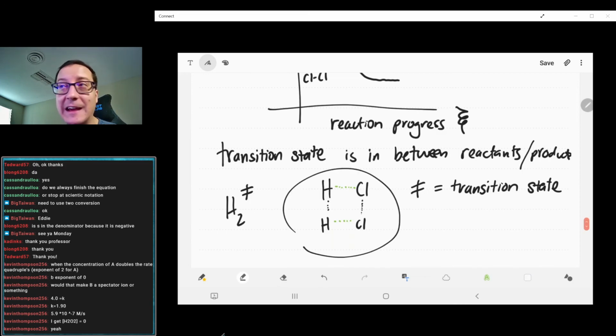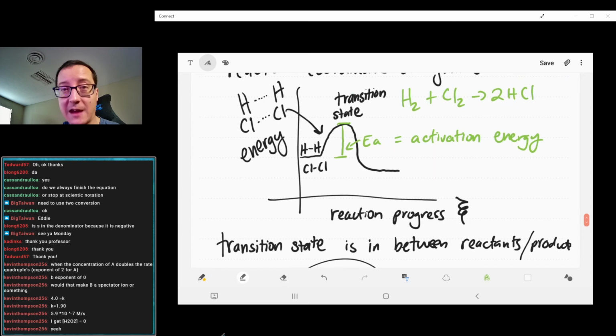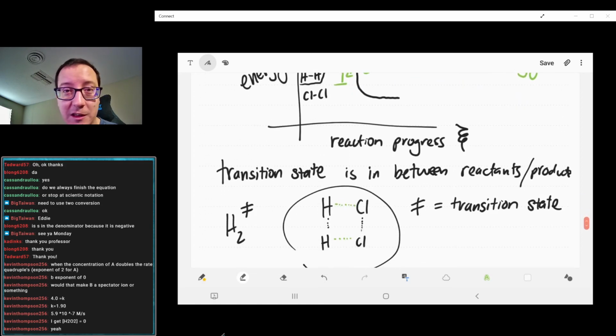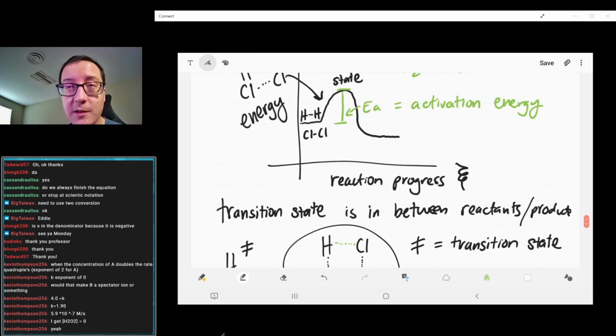We can't really isolate it and have this weird 4-atom system. Once you reach the transition state, you're either going to go back to the reactants, or forward to the products. Maybe the HCl bond does not actually have enough energy, and it's not going to form, and things are going to go back to the H-H bond and Cl-Cl bond. Or things can go to the products, where we will now form our new bonds, and we're happy.